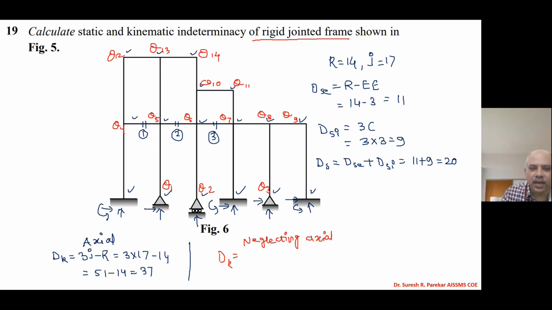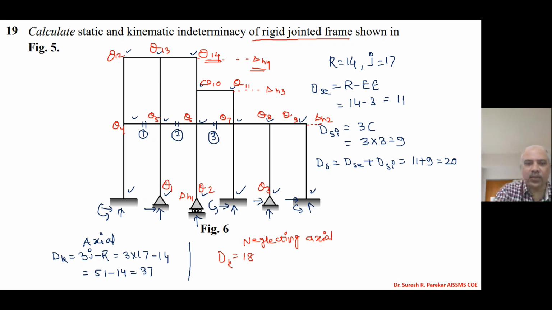So 14 thetas. Then here we have delta H1. Then at this level we have delta H2. At every floor level we have here delta H3, and here we have delta H4. So we have 14 thetas and 4 deltas. So we have DK that is equal to 18.